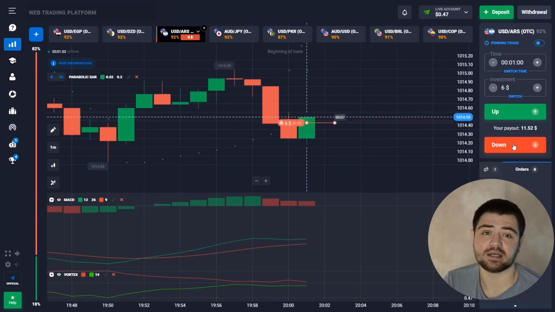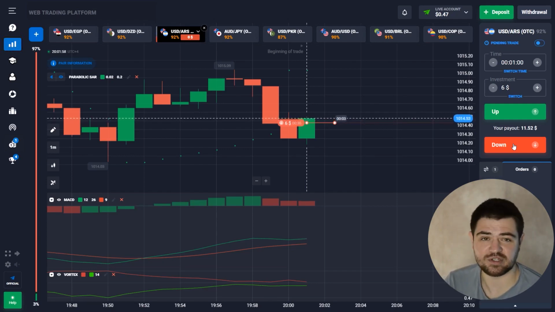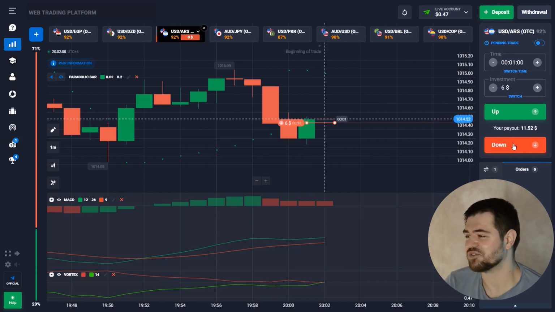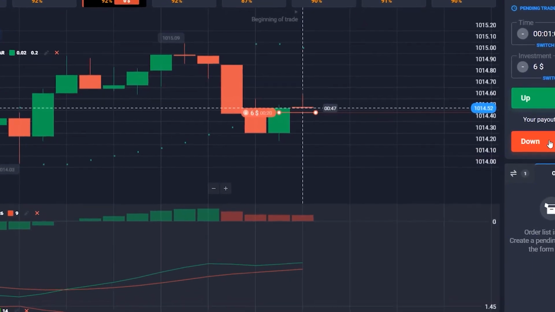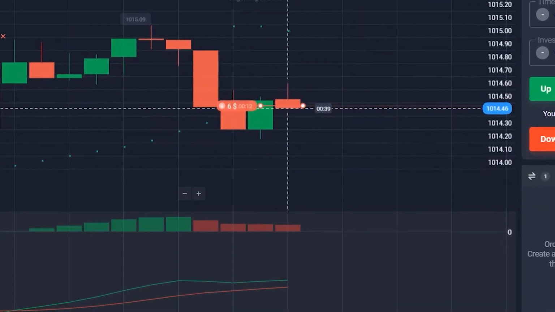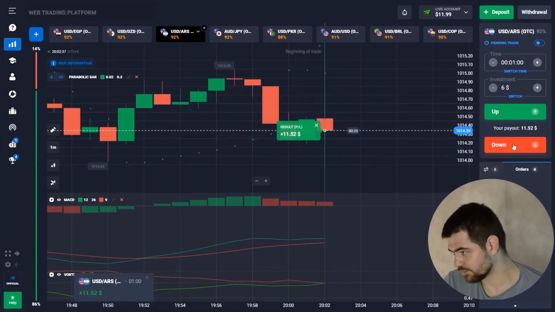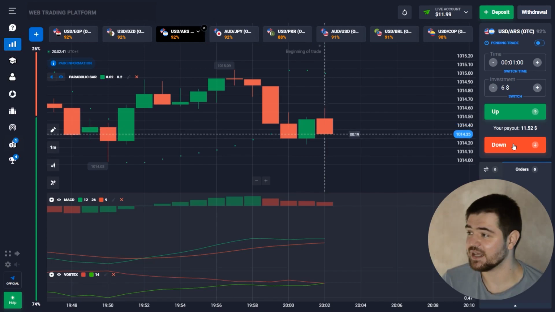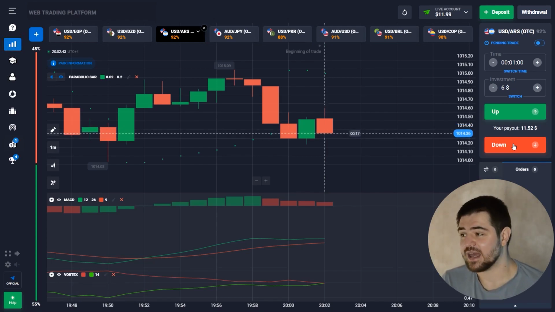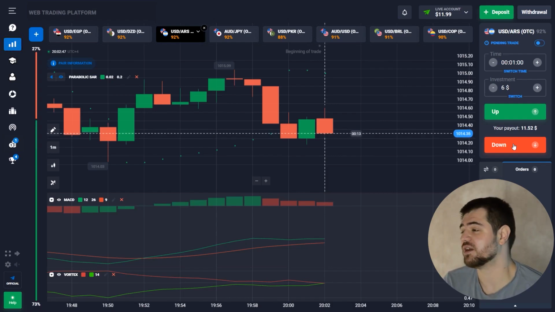Globally there's a downtrend, so we're going to use that, and let's wait for the result. Here is our next profit, $11, and we are going to move on with our trading.